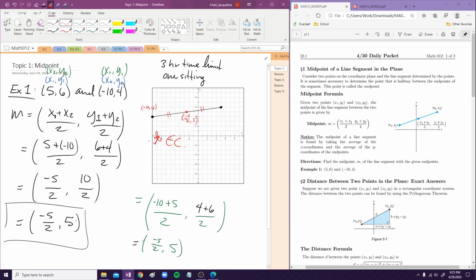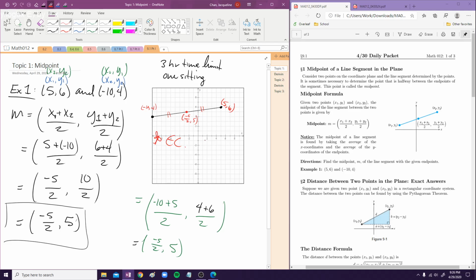I also want you to find the distance between negative 5 over 2, 5 and 5, 6. And then I want you to show me that these distances are the same. However, we do need to talk about distance first, okay?